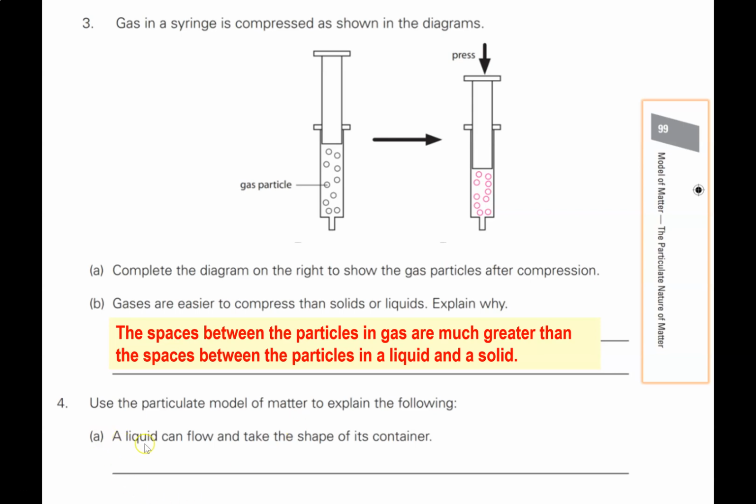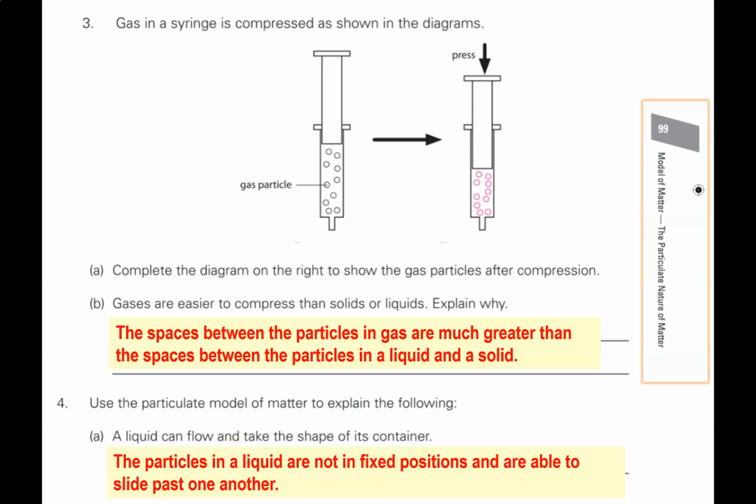Question A. A liquid can flow and take the shape of its container. This is because the particles in a liquid are not in fixed position and liquid particles are able to slide past one another.